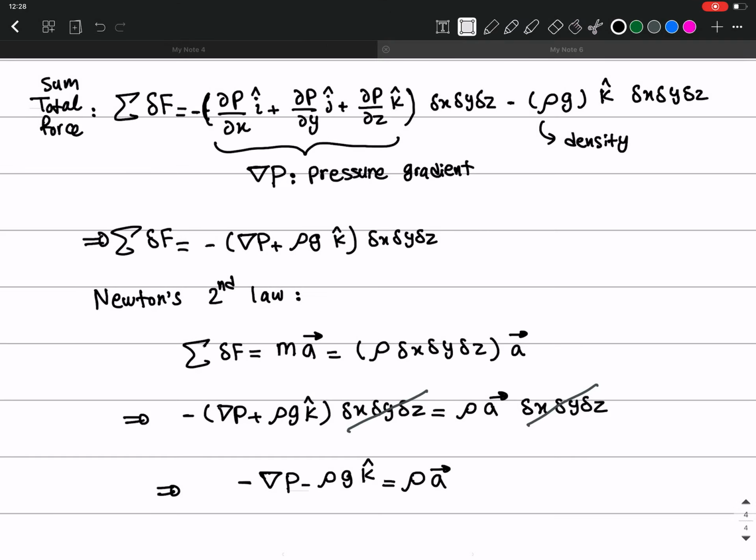So this is a very important formula that you need to remember.